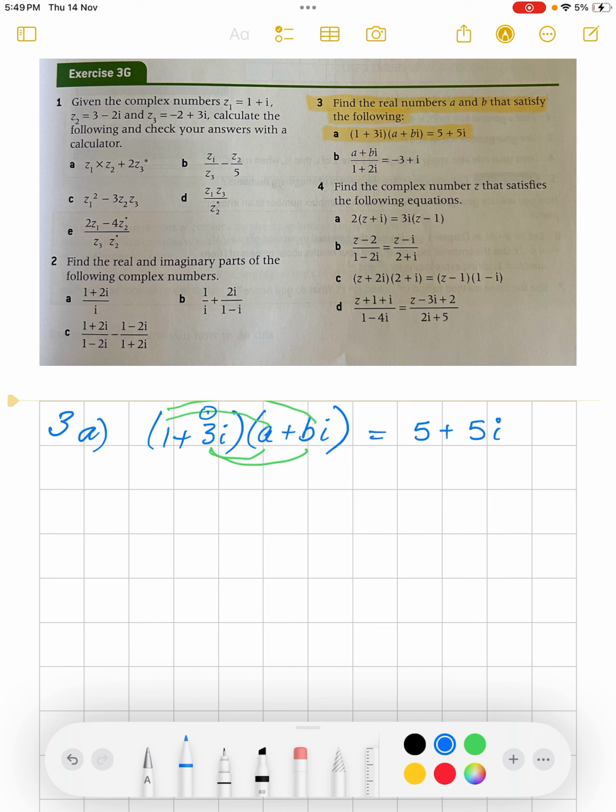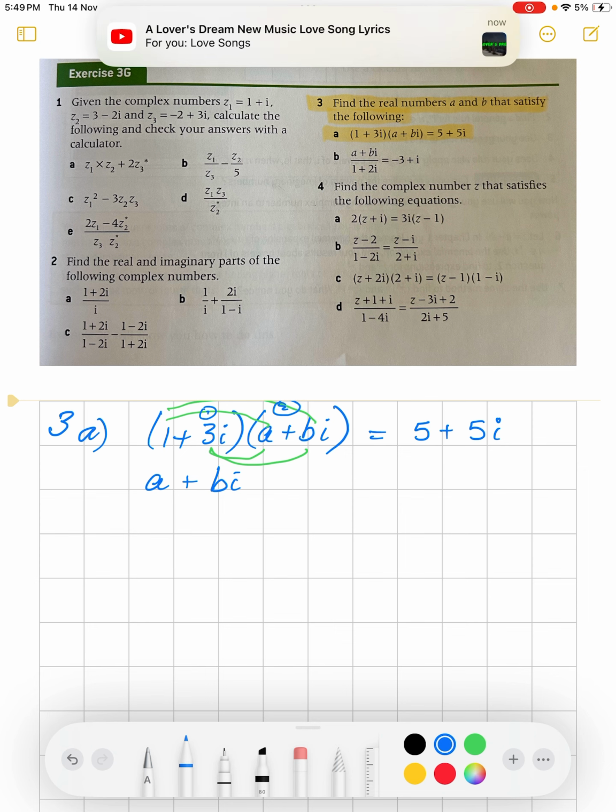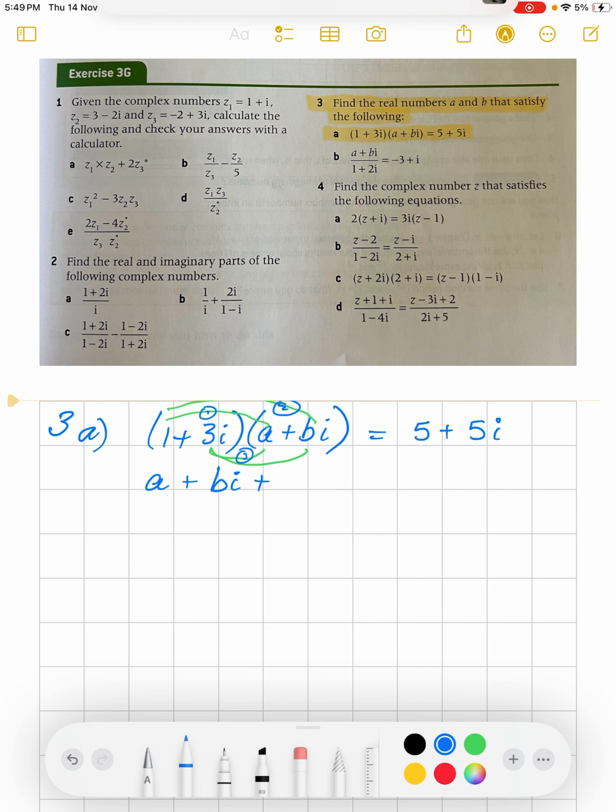The first one, 1 times A is A. The second loop here is 1 times Bi, that's Bi. The third loop here is 3i times A, so that's 3Ai. And the fourth expansion product here is 3i times Bi, so it's 3Bi squared.